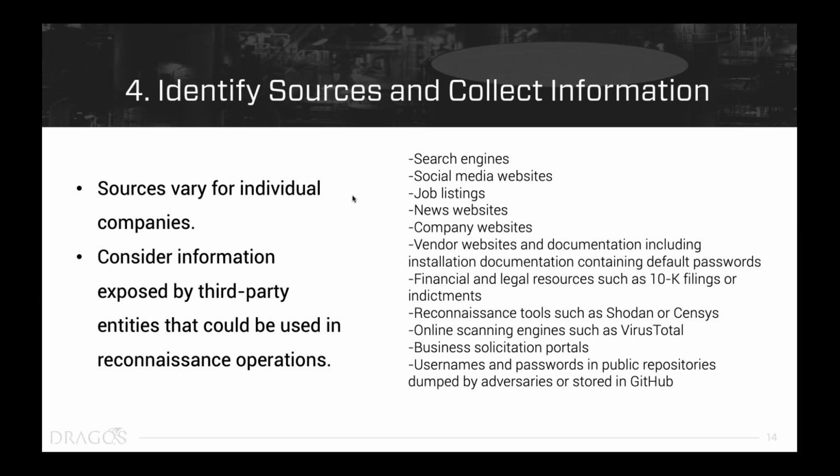Not all of them are necessarily quote unquote dark web. Some of them you can access via clear text websites, but not all of the information is necessarily exclusive to the company.